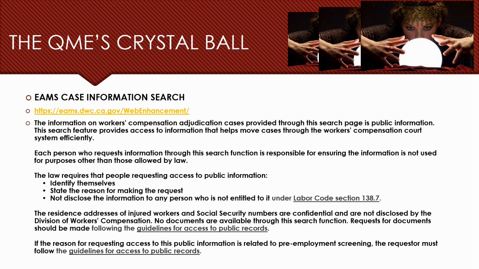And it also gives information as to the disposition of the claim, whether the claim settled by way of compromise and release, or whether it's settled by way of stipulated award, or whether the case is still ongoing. So the EAMS case information search can provide you as the qualified medical evaluator with information that you can then pursue in your face-to-face interview with the examinee.